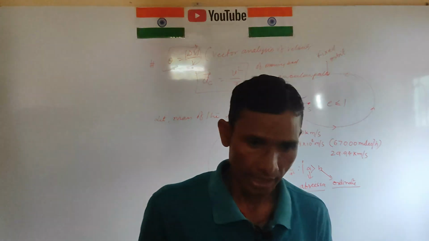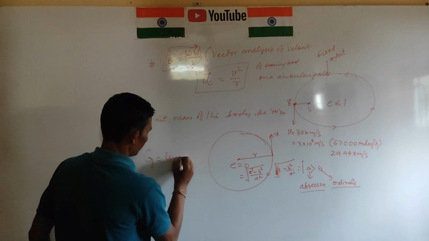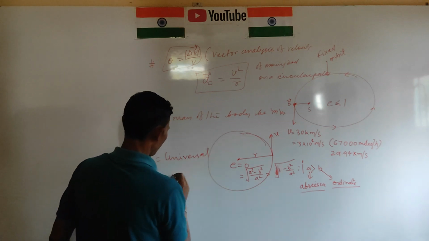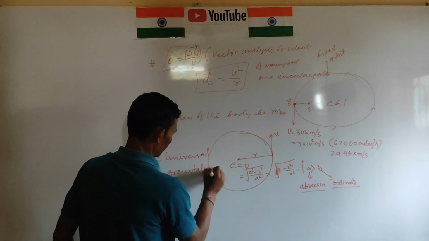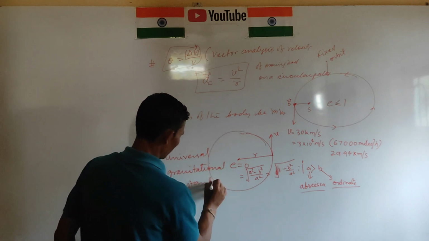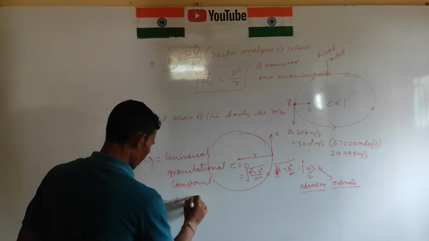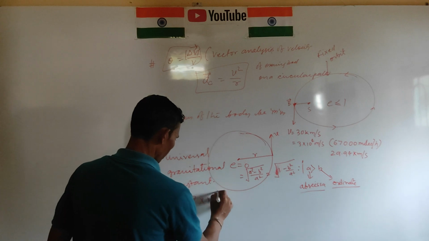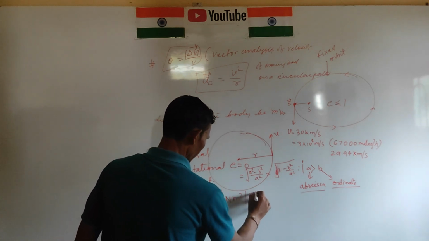We know that G is the universal gravitational constant, and it is 6.67 into 10 to the power minus 11 Newton meter square per kg square.